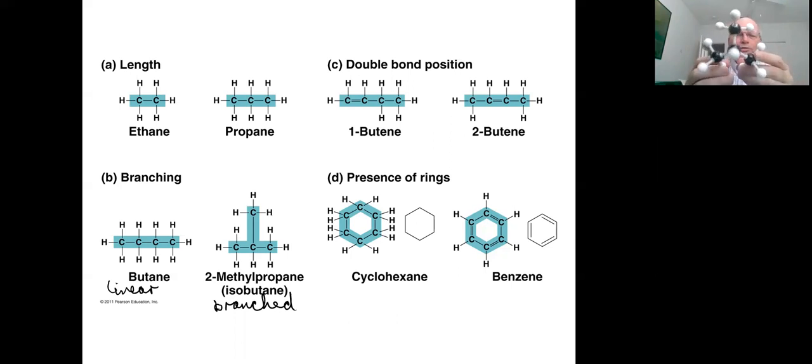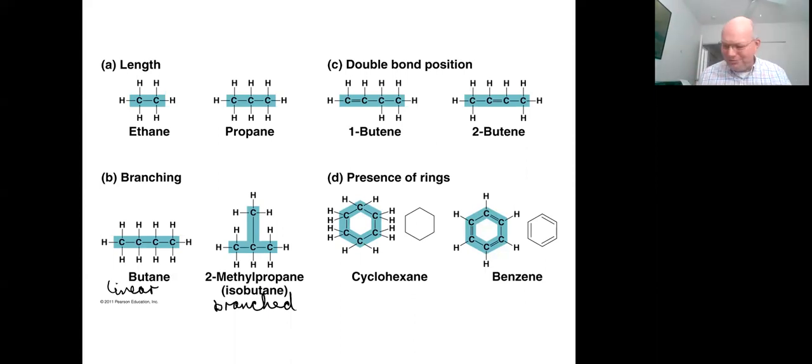And the reason why it's important to recognize this is that while these both have the same chemical formula, there are 4 carbons and there are 10 hydrogens on each of these molecules. And just to prove it, let's add them up. 1, 2, 3, 4, 4 carbons. 3, 5, 7, 10.